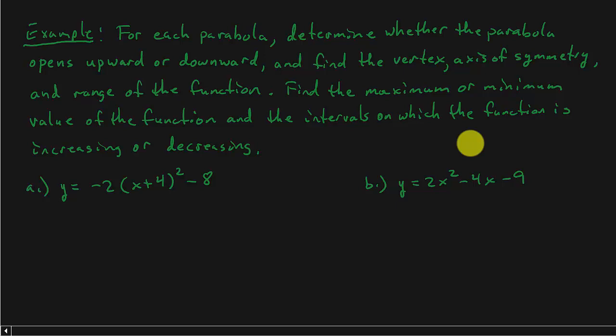Now, it may seem like, hey man, this is a lot of work. This is a lot to do. But guess what? By just finding the vertex, you can answer all these questions. All you have to do is find the vertex. And so let me show you how.